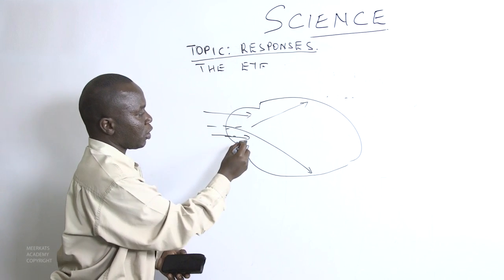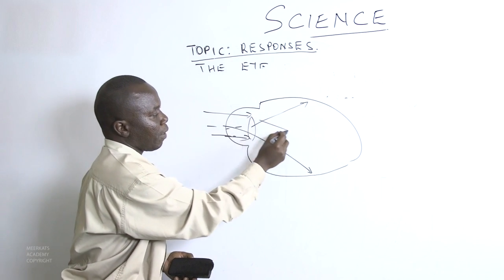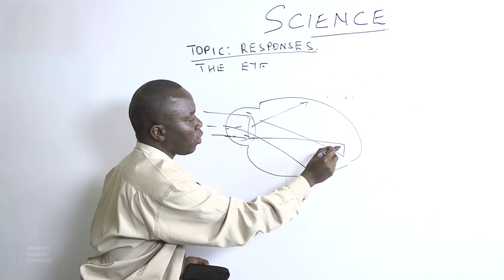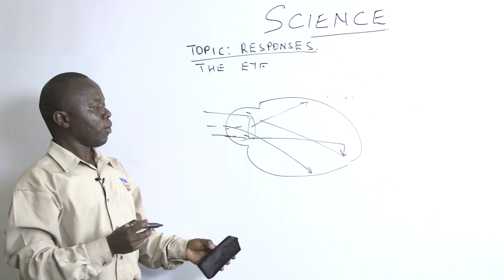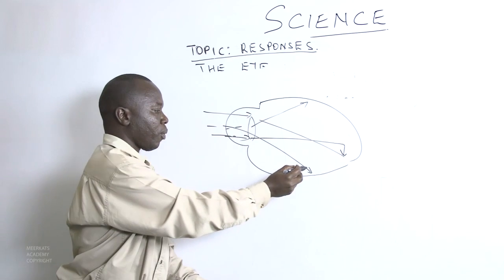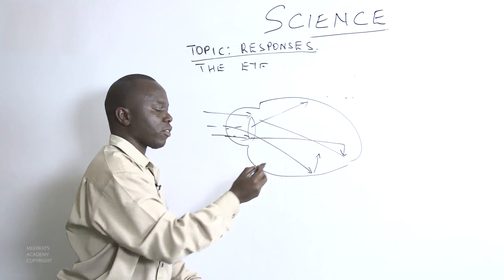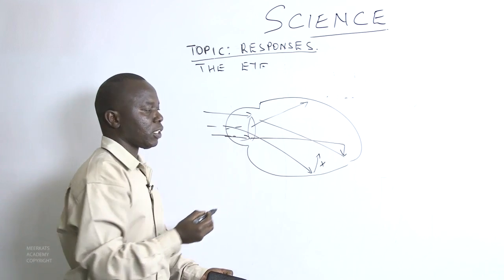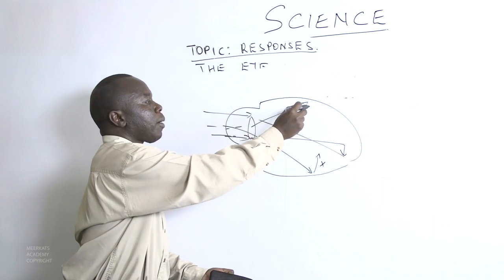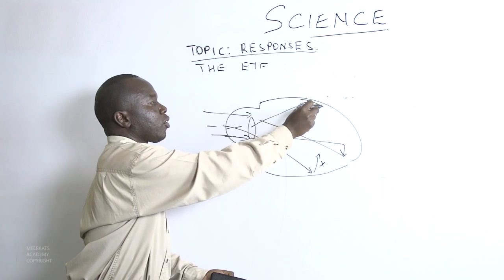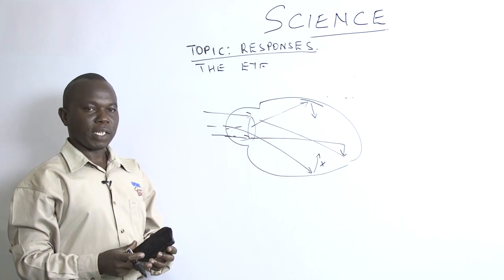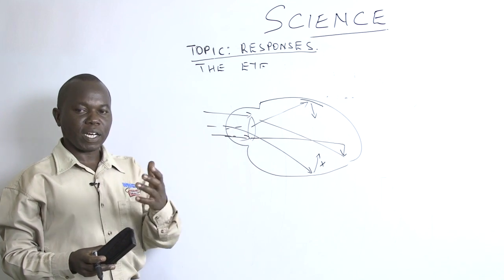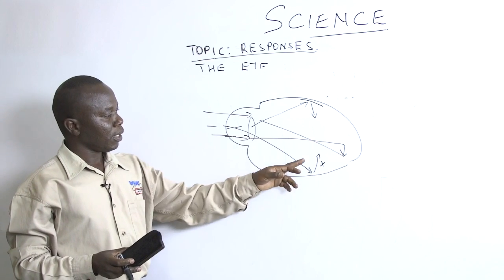Instead of being refracted properly to fall onto that area, we can have some internal reflection, but that does not happen because of the choroid layer. We know that one characteristic of a dark surface is to absorb light.